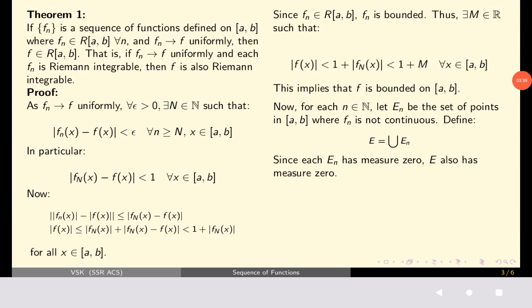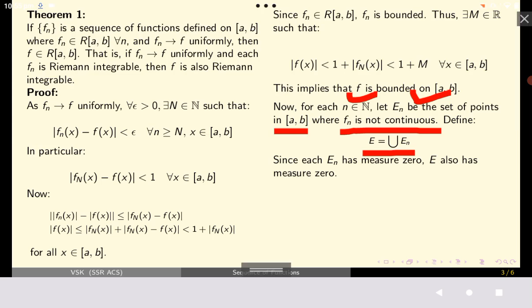Now let us take, for each n belongs to N, let En be the set of points in [a, b] where Fn is not continuous. Let us take En to be such a set and define E equal to the union of En. Now each En is of measure 0. Why?